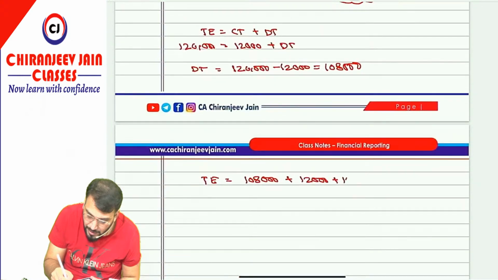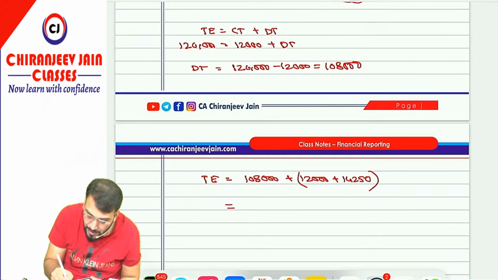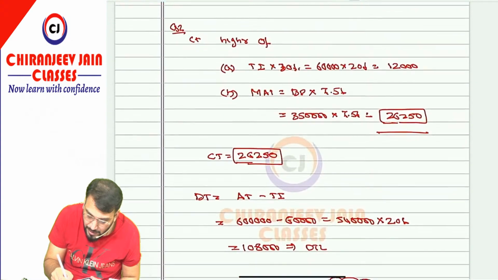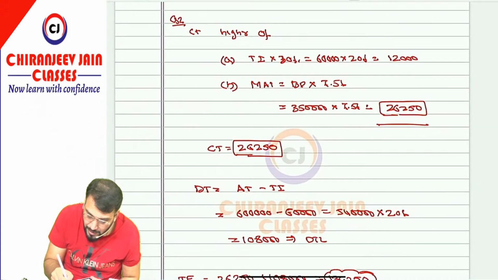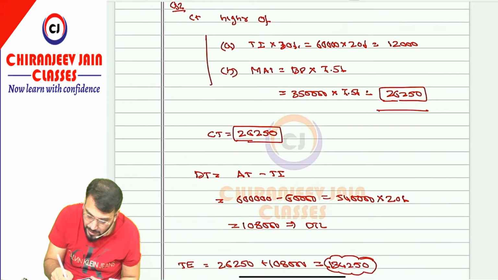They are adding 14,250 here. So that is actually current tax. So this becomes that same amount only. Means they are solving in this way, but you can do as per my way. It is better to understand in this way. Current tax will be higher of these two, and deferred tax will be this. So your tax expense will be 26,250 plus 1,08,000, that is 1,34,250.